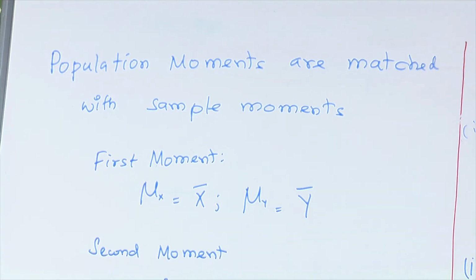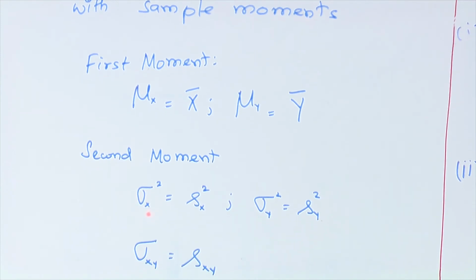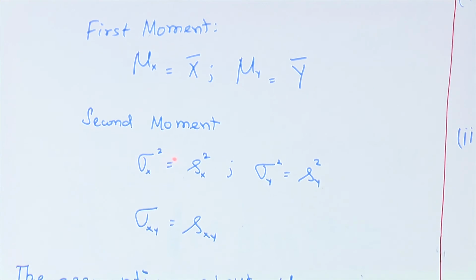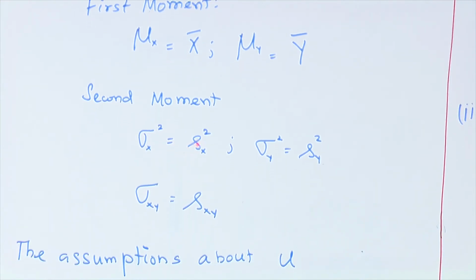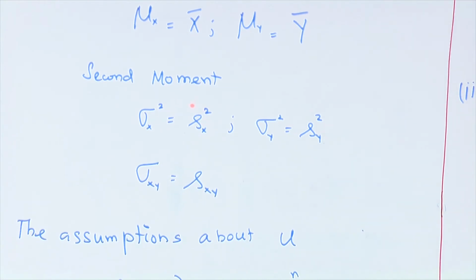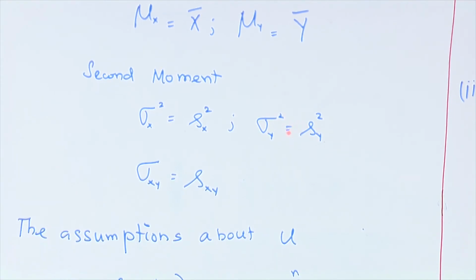In the second moment, the population variance of x is taken equivalent to the sample variance small sx square, and the population variance of y, sigma y square, is taken as equivalent to the sample variance sy square.